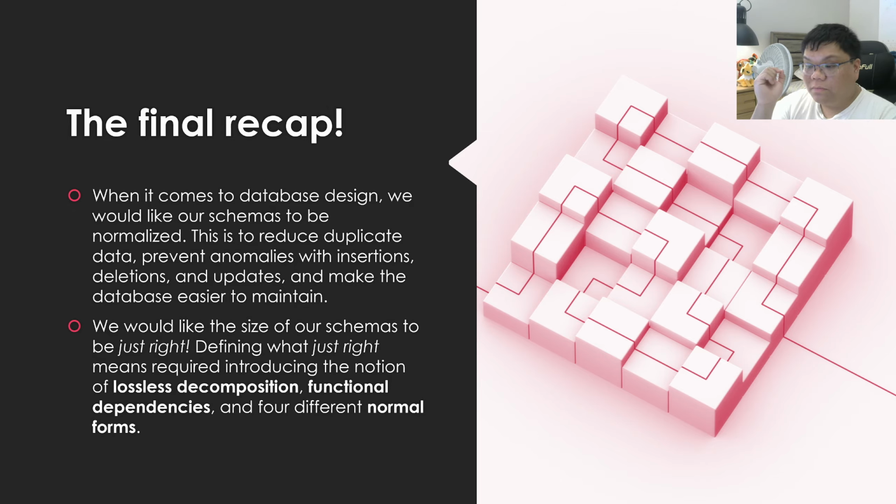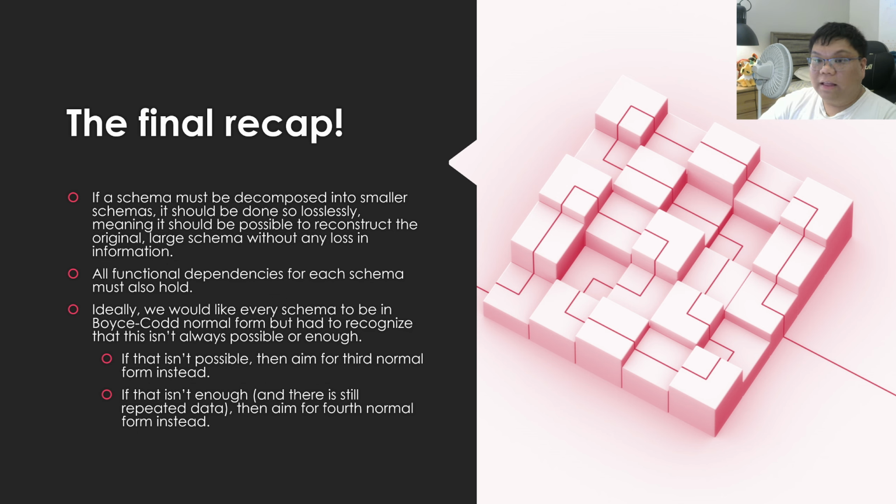And this is just a reiteration of our 3 design goals for database design. If a schema must be decomposed into smaller schemas, it should be done so losslessly. In other words, if we break up a schema into smaller schemas, it should be possible to recreate the original schema using a natural join operation, for example.